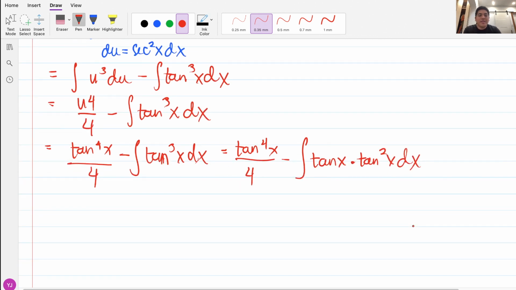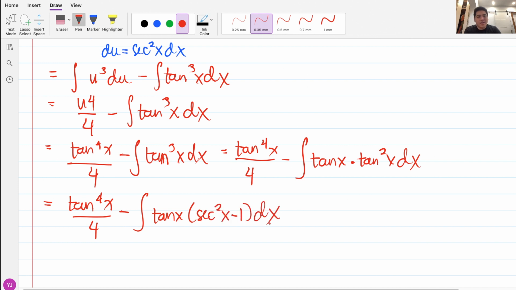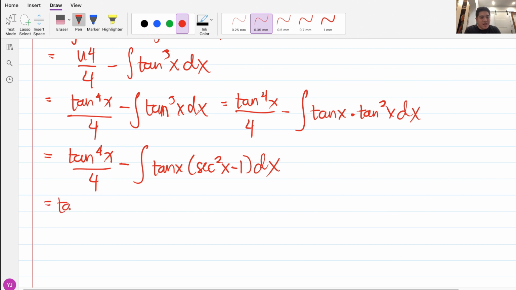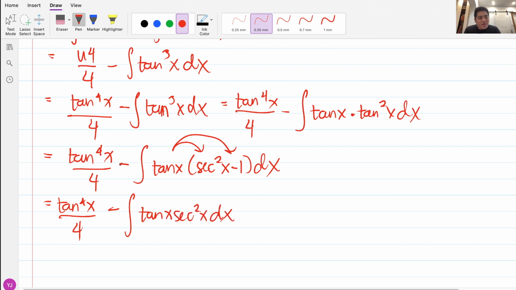Applying the same identity that we applied a while ago, we can substitute tangent squared of x as secant squared of x minus 1 and then dx, and do the same process. So I have tangent raised to 4 of x all over 4 minus, distribute this, so I have tangent of x secant squared of x dx along with the integral sign and the dx sign, of course. And don't forget the negative.